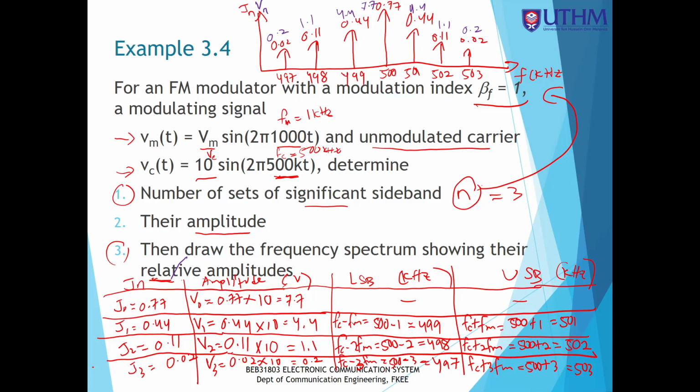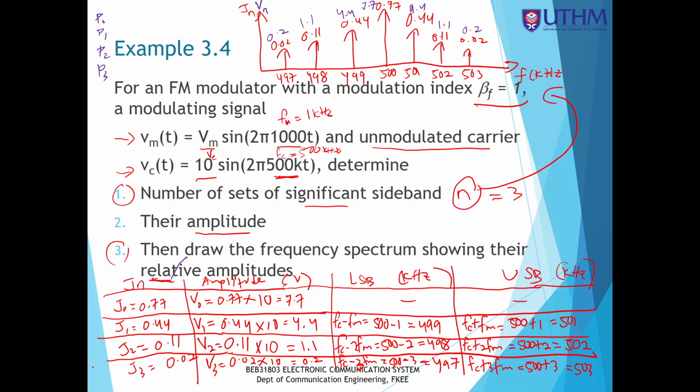So how to write the power spectrum? That means you need to find P1, P2, and P3. So you have P0, P1, P2, P3. The power equation is V squared over 2R.